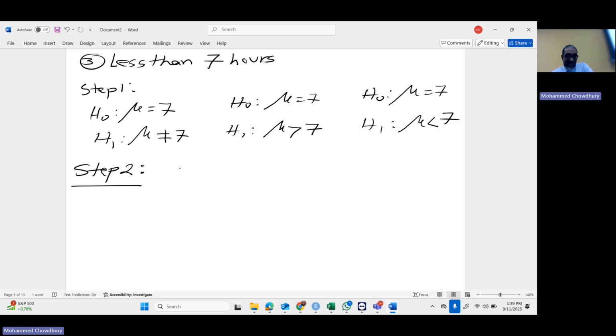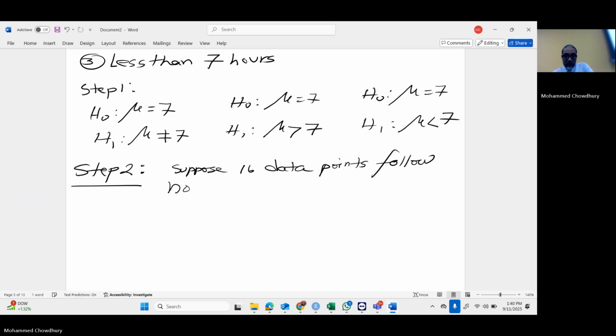So let me write here: suppose 16 data points of sleeping hours follow normal distribution.